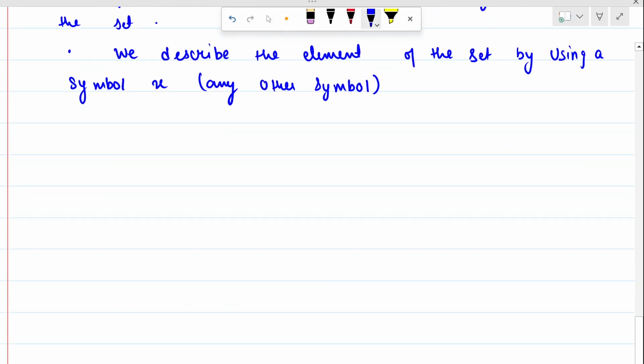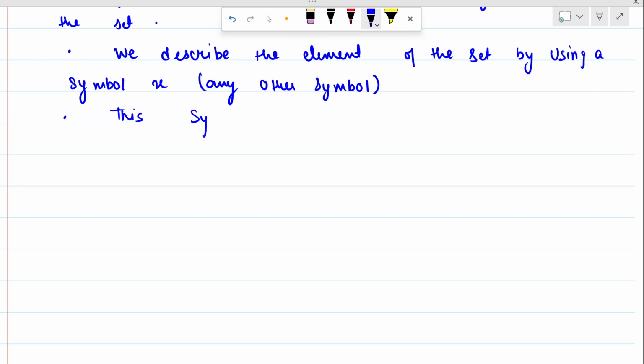So third and last point, after the semicolon, we write the characteristic property of a symbol. After describing a symbol X, this symbol is followed by a semicolon.